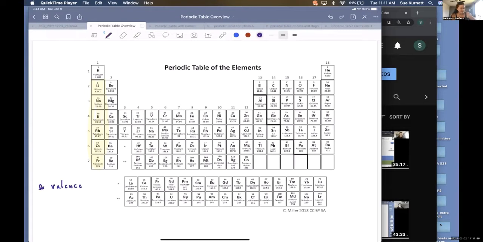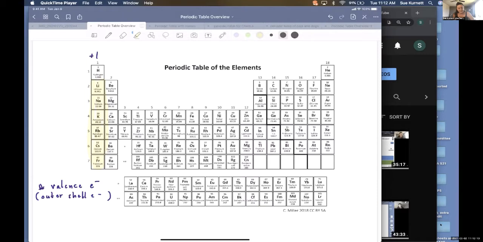That's part of the immersion. And valence electrons are outer shell electrons. We haven't even talked about shells yet. And everything in group 1 has 1 valence electron. So to become stable, it loses 1 electron and it has a +1 charge. If you lose something negative, an electron, you become more positive.